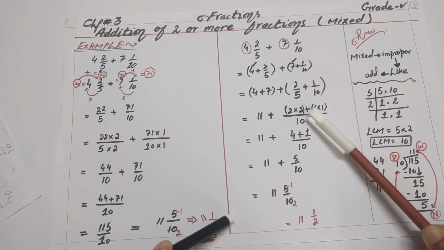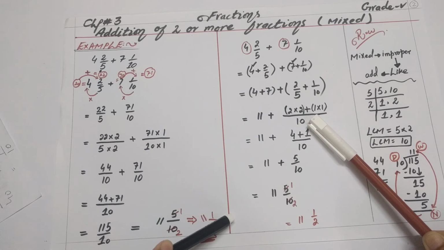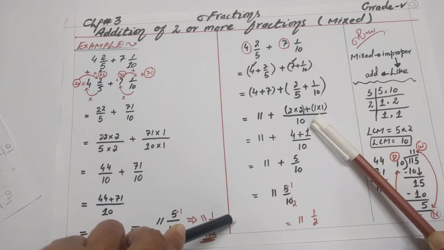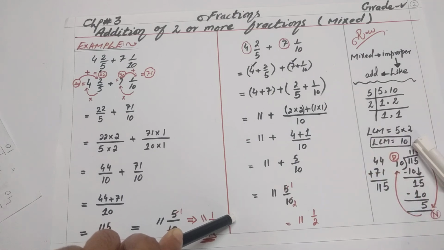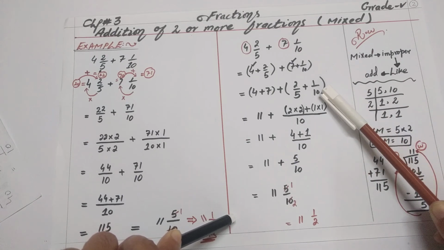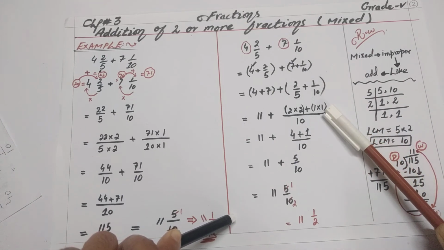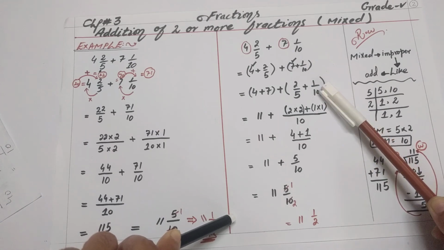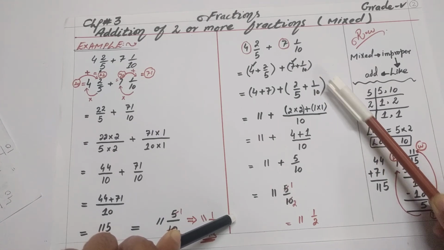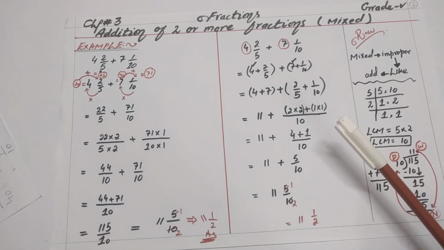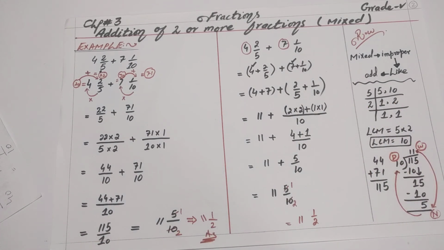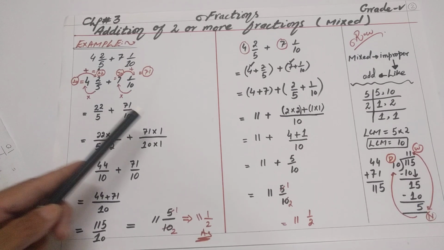I have just skipped one step, that is of multiplication, so I am directly putting 10 as a denominator, which was our LCM. 10 ones are 10, so we are multiplying 1 by the numerator. So 2 2s are 4 and 1 1s are 1. So students, it's up to you whether you want to apply this one or this one.